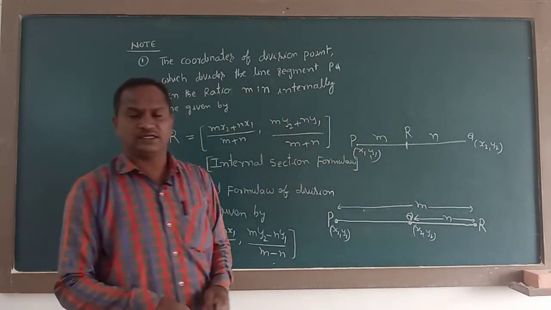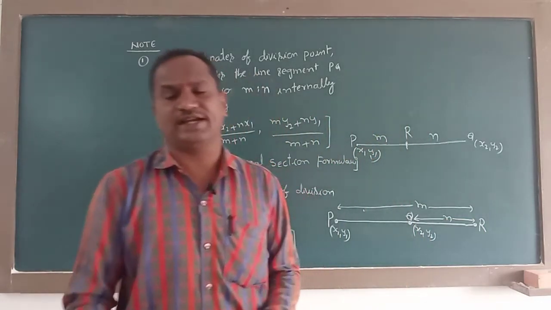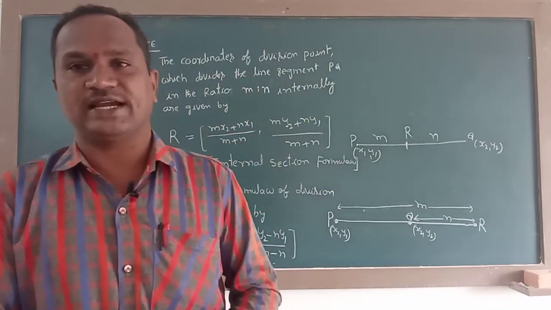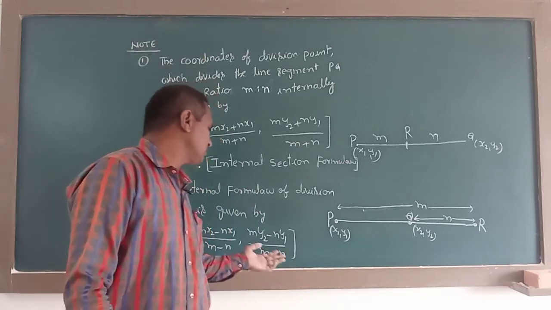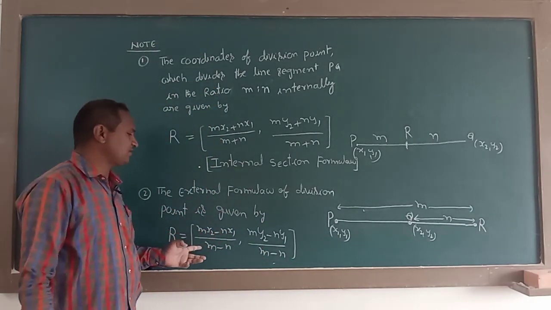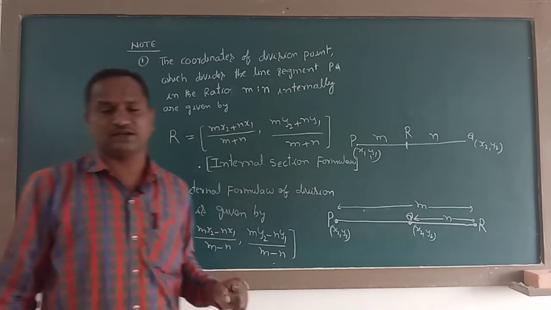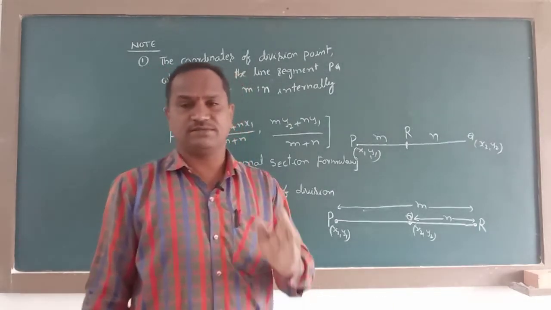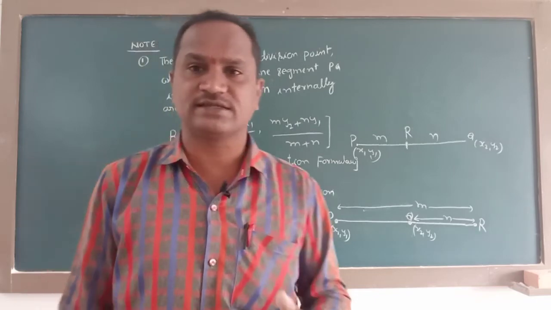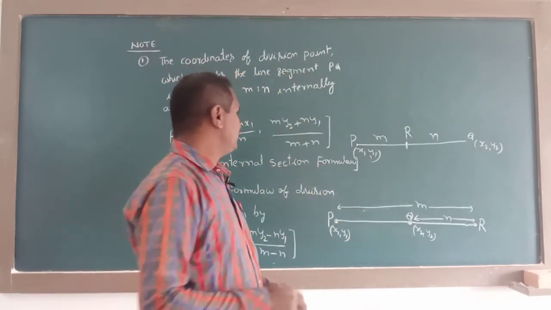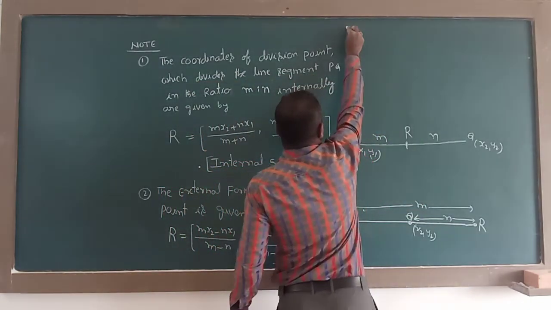Like that, the division point will come from outside, dividing the line segment externally. Then we call this formula the external section formula, and the earlier one the internal section formula. If there is no ratio, then the third formula is used.